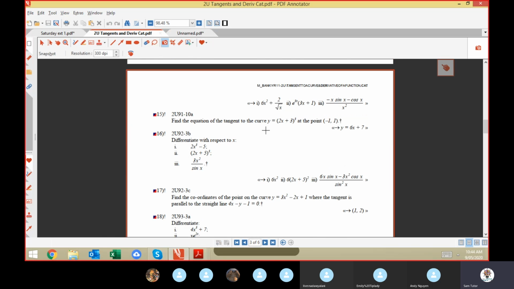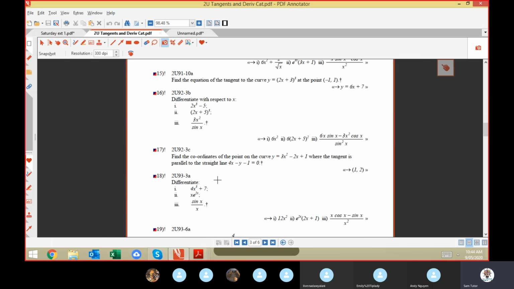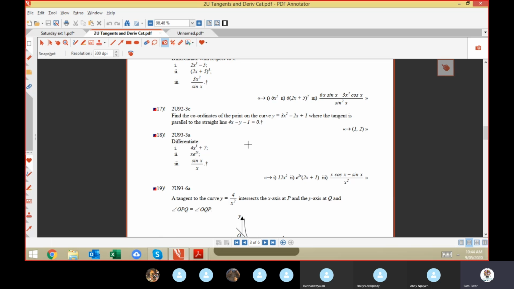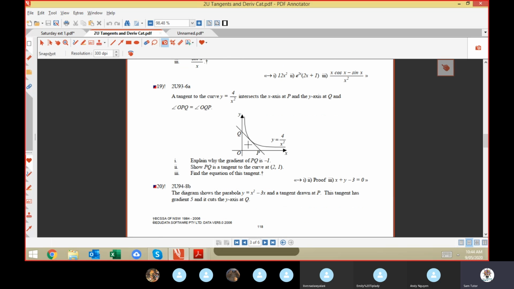All right, I'll try to find one a little bit harder. Find the coordinates of the point where the tangent is parallel to the straight line of this. Yeah, that looks good.